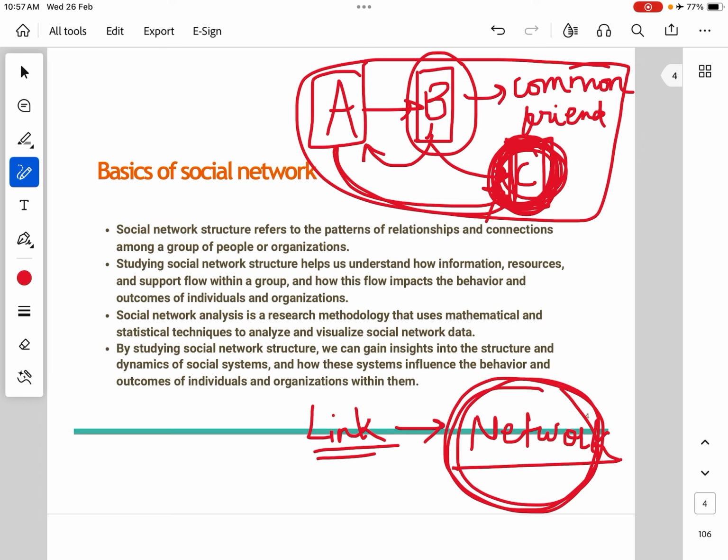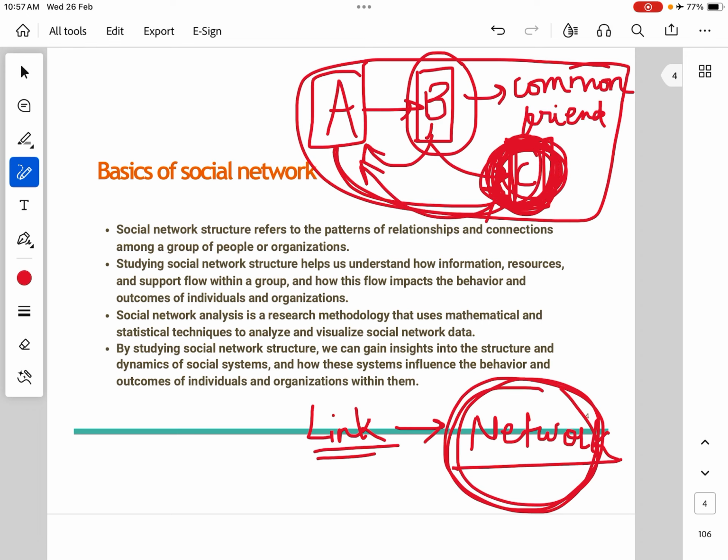So social network analysis is a research methodology that uses mathematical and statistical techniques to analyze and visualize social network data. So how are the links created? How did C become a friend of A also?